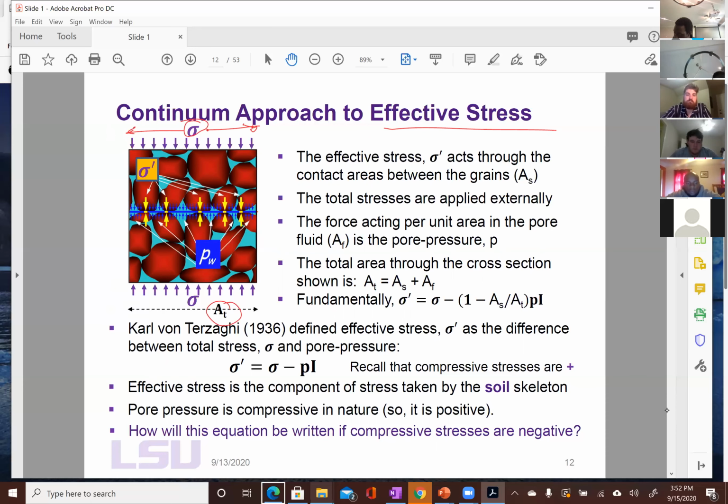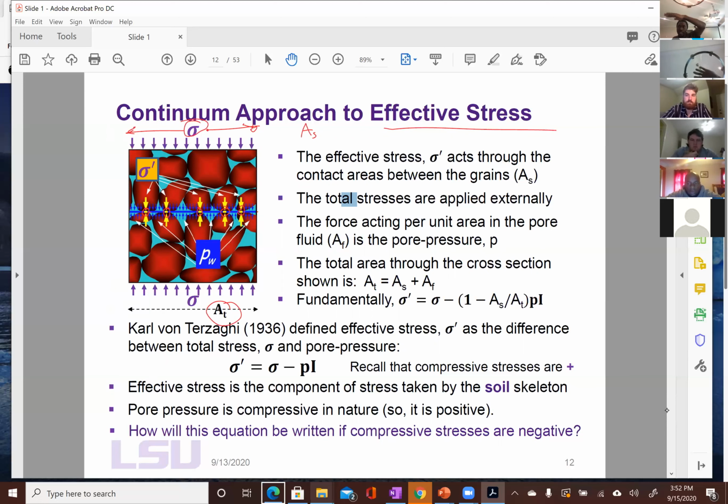But you can see that some of it is these small yellow areas, right? Which is the area of the interface between two sand grains. So if you add up all the yellow areas, what you have is area of the skeleton. What is left, meaning AT minus A skeleton, is the area of the fluid, right? All the blues are the areas of the fluid.